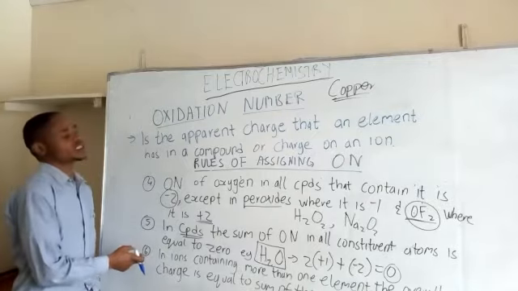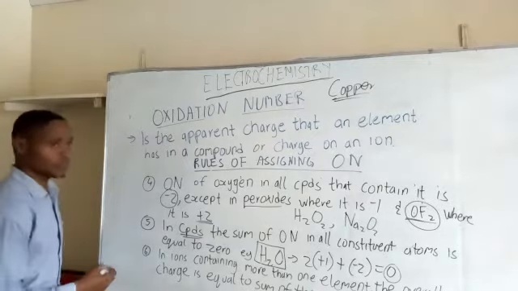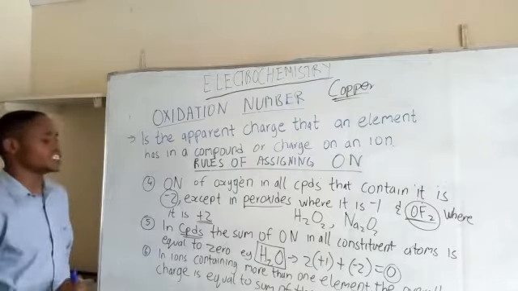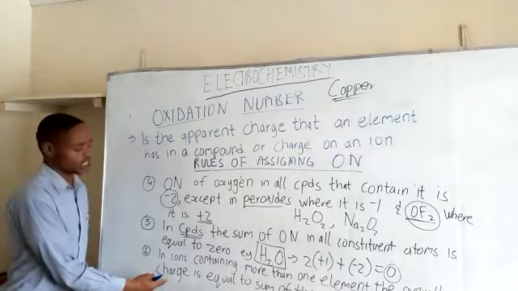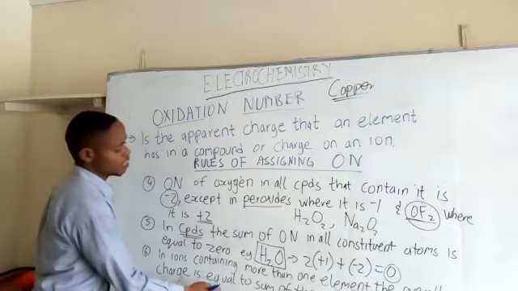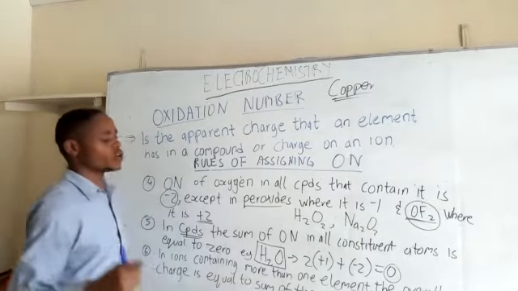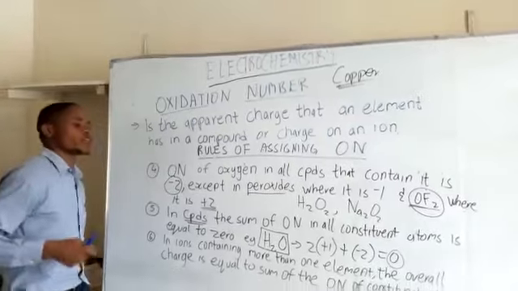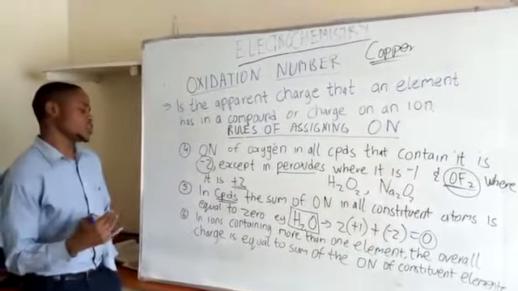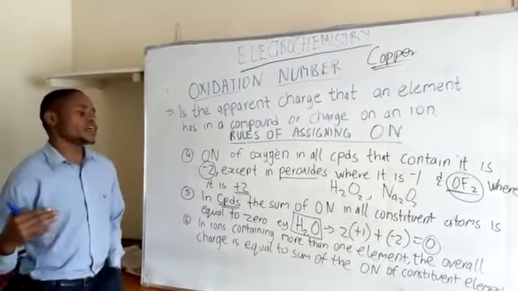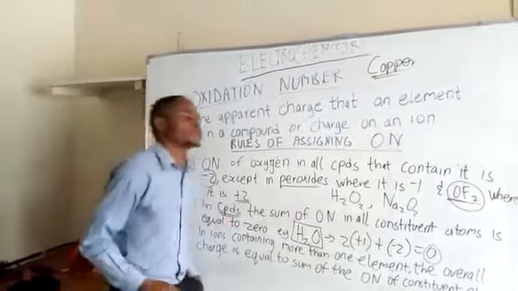Finally, our last rule. In ions containing more than one element, the overall charge is equal to the sum of the oxidation numbers of the constituent elements.